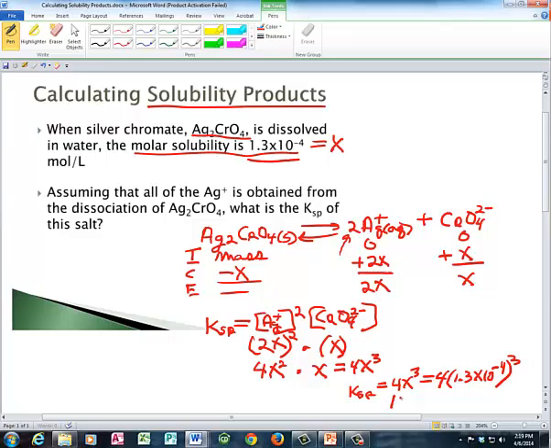When we do that, we get a Ksp equal to 8.8 times 10 to the minus 12. That is our solubility product, our Ksp. That tells us this is a heavily reactant-favored equilibrium: most of our solid will exist as solid silver chromate, and we'll get very, very few of these product ions. So that's our Ksp.